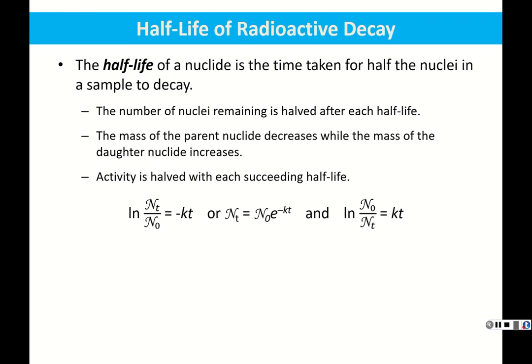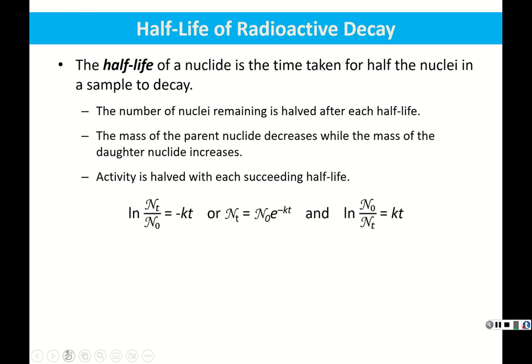The number of nuclei remaining is going to be halved after each half-life, and the mass of the parent nuclide decreases while the mass of the daughter nuclide increases. Activity is halved with each succeeding half-life.